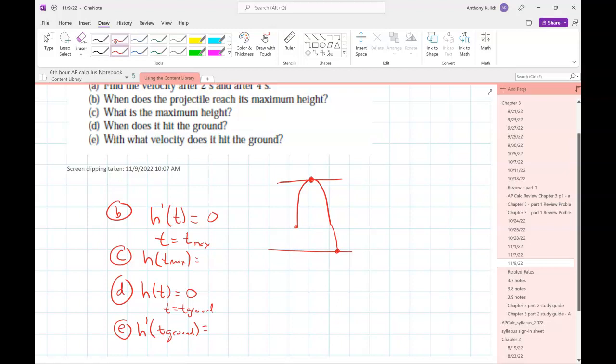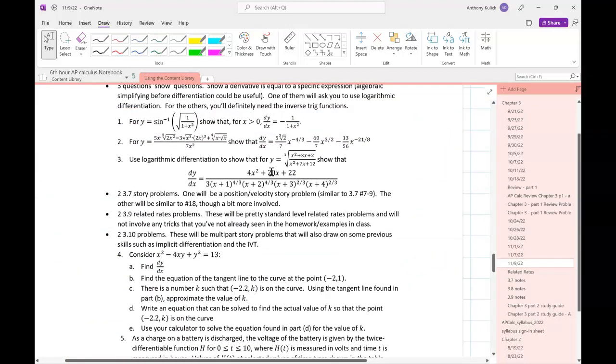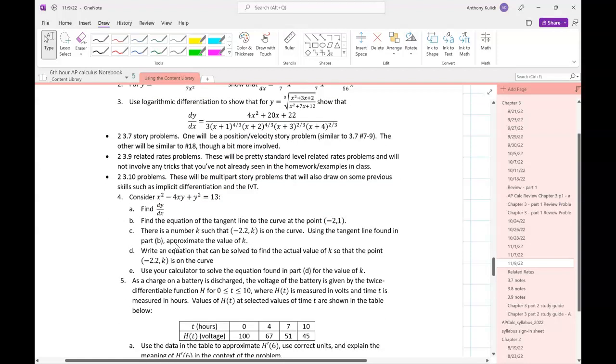What else you guys got? So on the review, there's 3.10 problems. It says these will be multi-part story problems that will also draw on some previous skills such as implicit differentiation and the IVT.